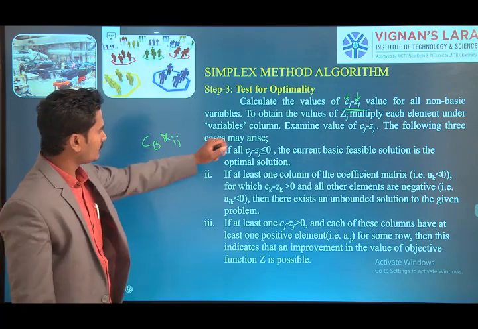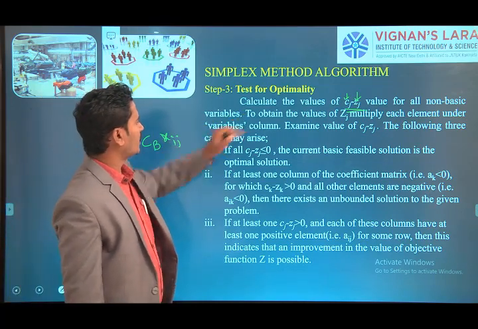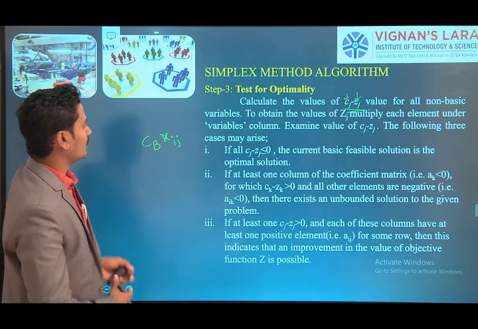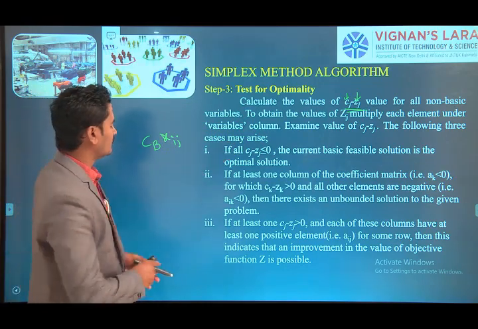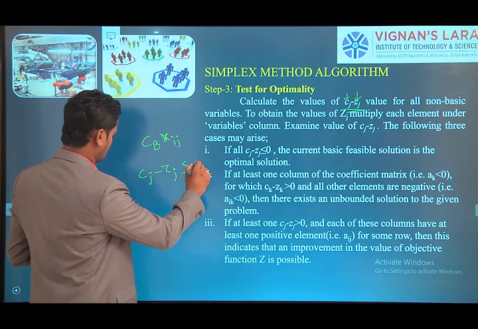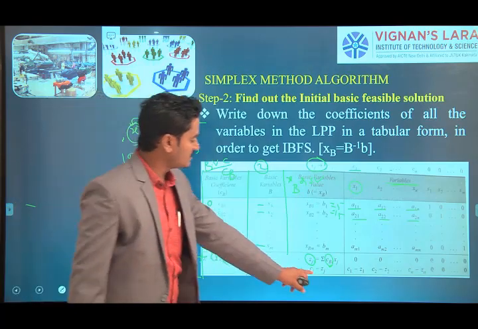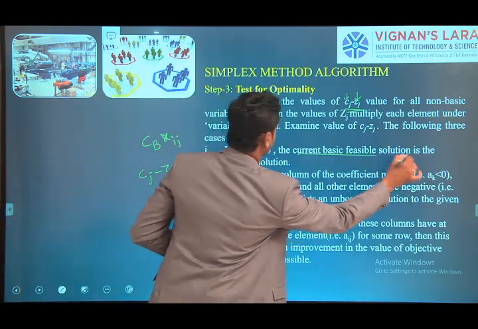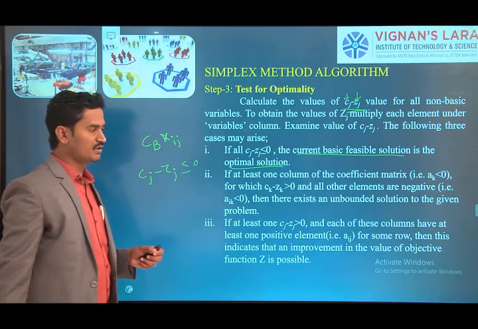All non-basic variables we calculate. To obtain Zj, multiply by each element, as we already saw. If all Cj minus Zj are less than or equal to 0, the current basic feasible solution is the optimal solution.